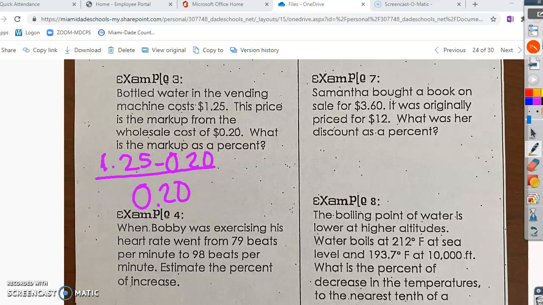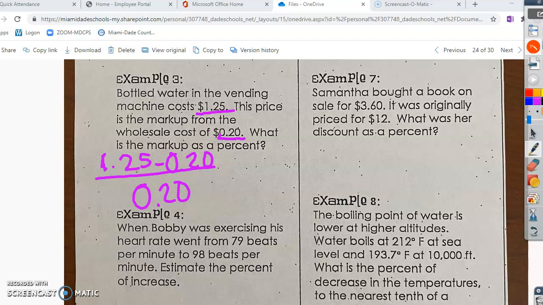Now, I already know that my answer here has to be over 100%. And I know that because just by looking at the wholesale cost of 20 cents, and the price has now been marked up or increased to $1.25, that means that it just went at least 5 times the original amount.